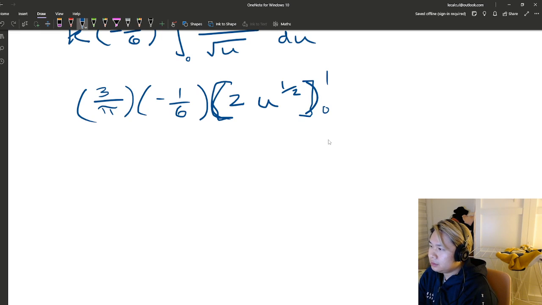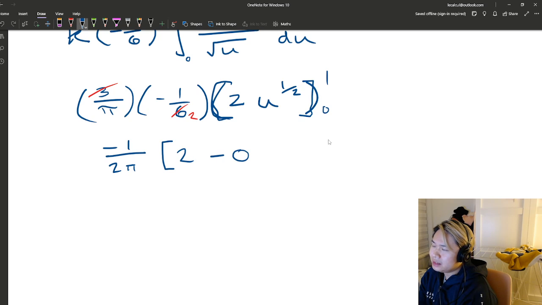Okay, so what do we got? So these will divide and get 2. So I have negative 1 over 2 pi. And then I'll have 2 minus 0 essentially. So this 2 cancels out with that 2.